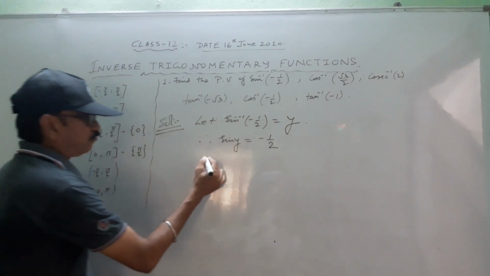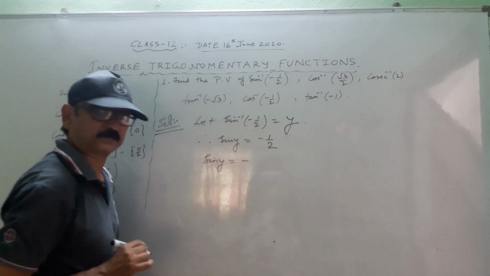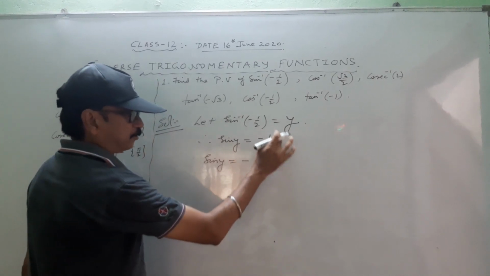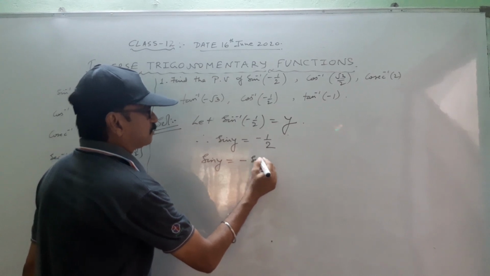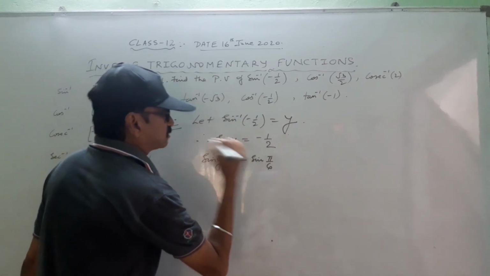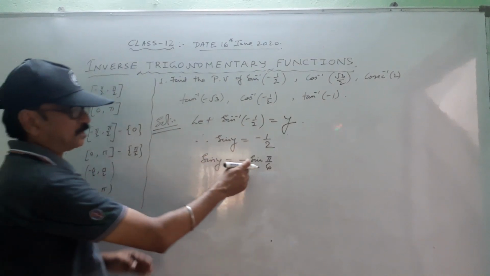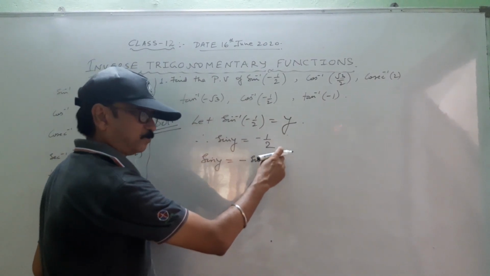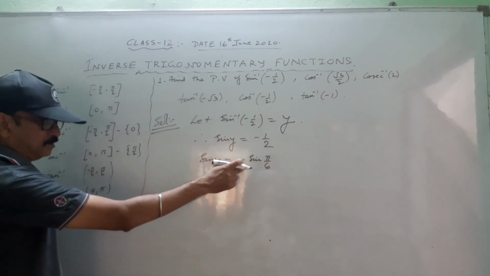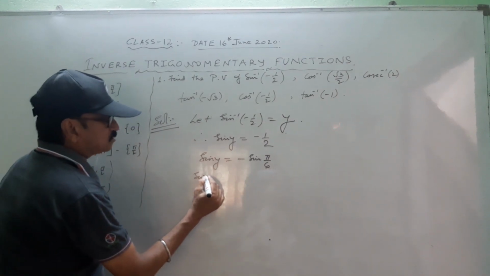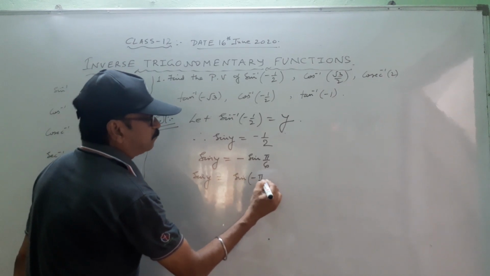We keep the minus sine aside, and 1 by 2 comes in which angle? It comes in pi by 6. Sine pi by 6, sine 30 degrees is 1 by 2. So minus of sine pi by 6 will become minus 1 by 2, but we have to keep its coefficient positive. So what we will do, sine y will be equal to sine of minus of pi by 6.